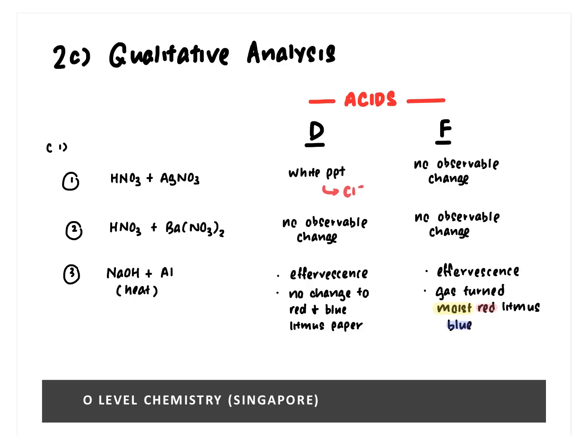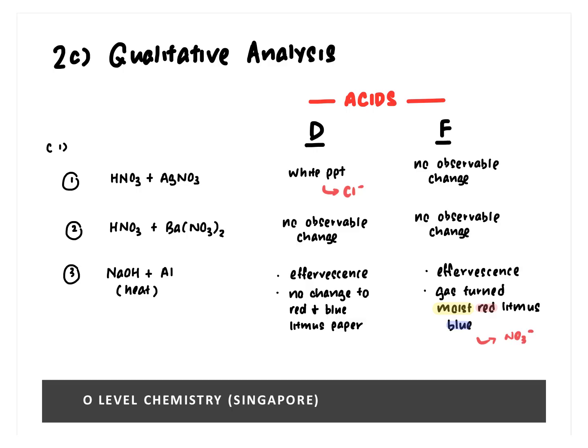Alright, and for the last test that was given in the instructions, we added sodium hydroxide followed by aluminum foil and heating. For F, there was effervescence and the gas turned moist red litmus paper blue. There's an indication that nitrate is present.